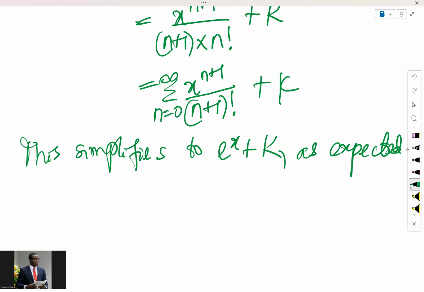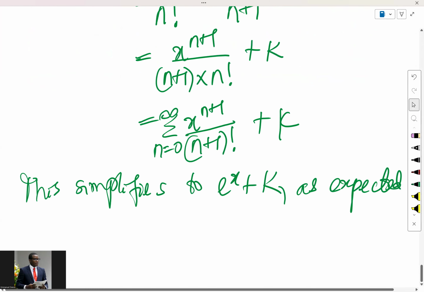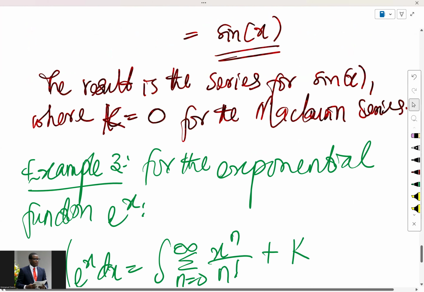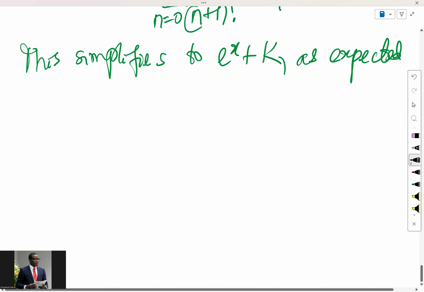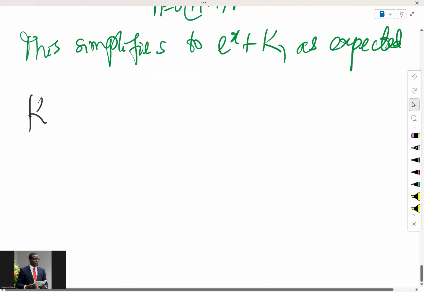Yeah, so what else can I talk about here? There are some key points to take note of. Thank God I remember this. So some key points to pay attention to when we do differentiation and integration of power series.